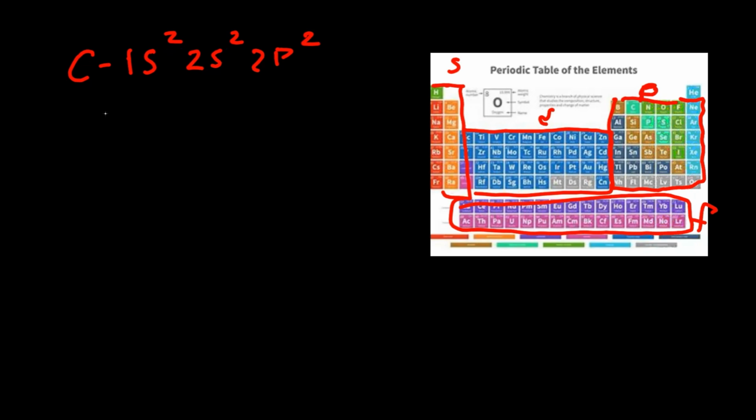Let's try another example. Fluorine. For fluorine, I will start you off with 1s2, 2s2, and then what comes after? I'll give you a few seconds to answer. You can pause the video if you need more time.